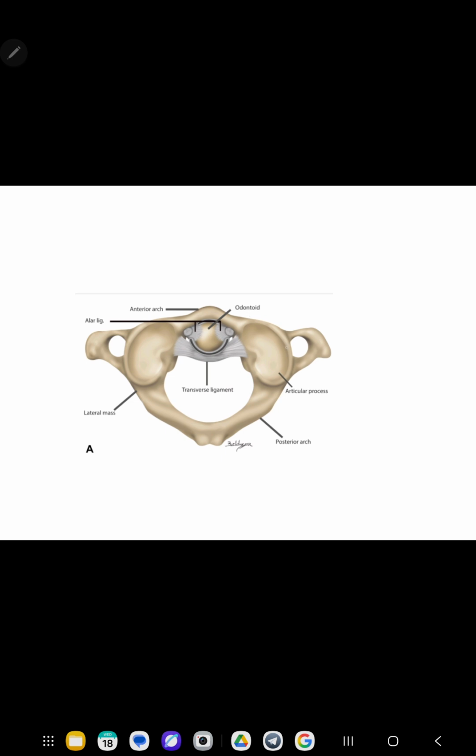Now here is the lateral mass. In the lateral mass you have the articular facet, superior and inferior. So the superior articular facet is to articulate with the occipital condyle and the inferior is for articulating with the axis, the atlanto-axial joint. Now here lateral to that you can see the foramen transversarium.